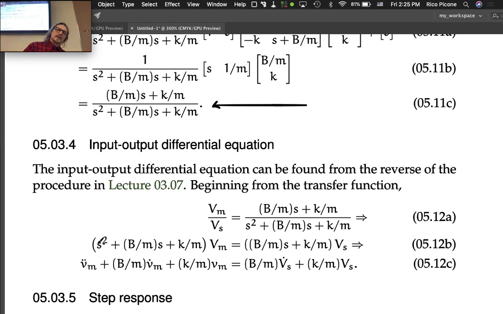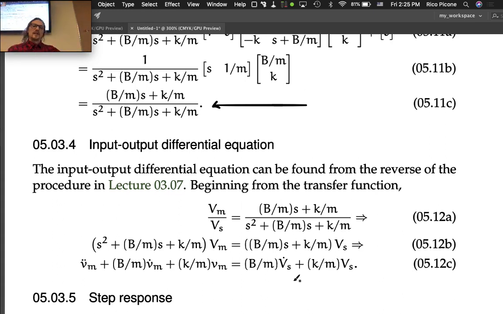And instead of having an s squared, we're going to have a second time derivative of Vm. Instead of having an s, we're going to have a first time derivative of Vm. And all of the coefficients come down. Similarly on the right-hand side, a time derivative of the input arises as well.